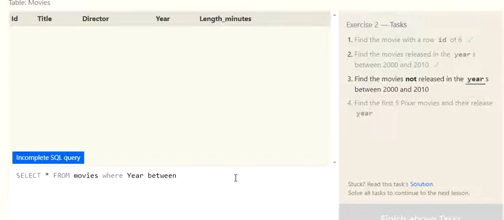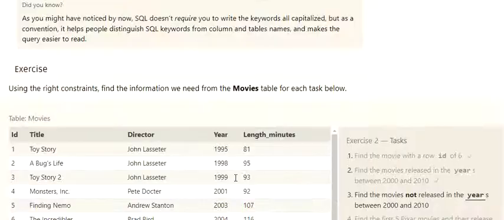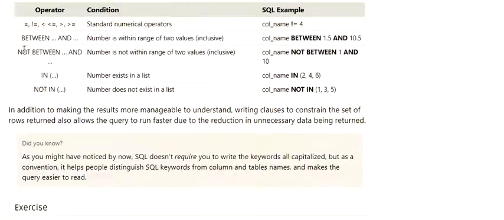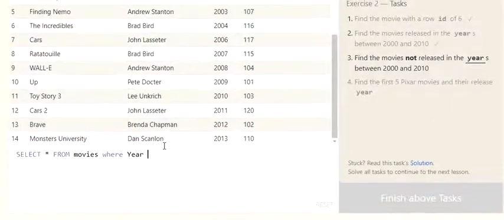Now the third query is to find the movies not released in the years between 2000 and 2010. So we will be using where year, and we will be using the operator not between and with our data set.